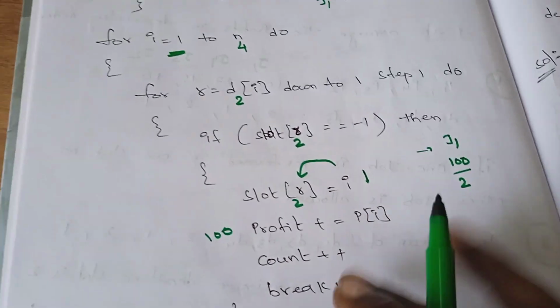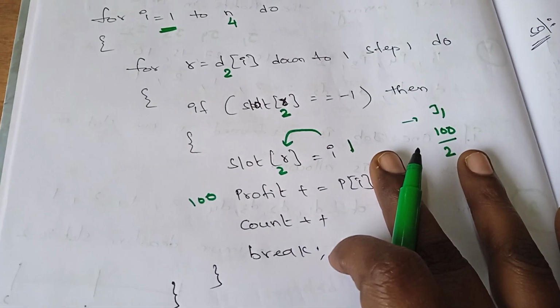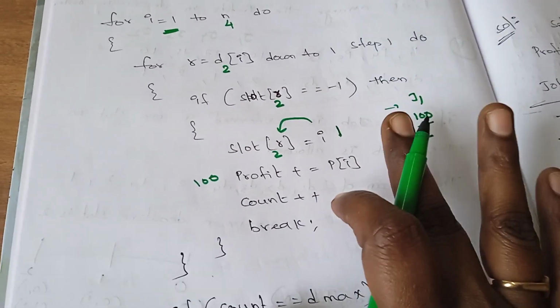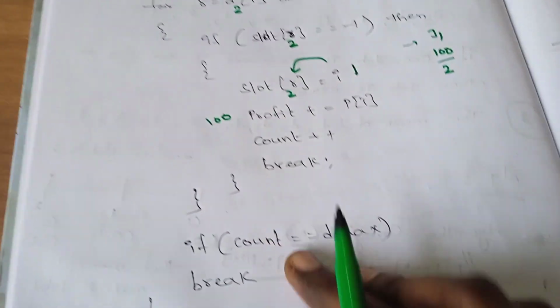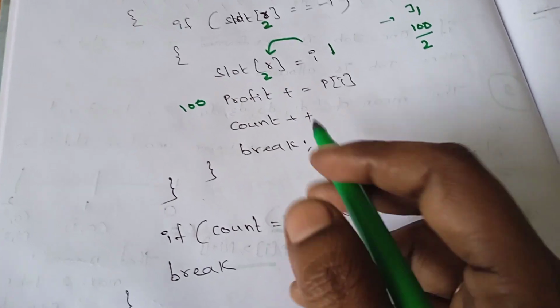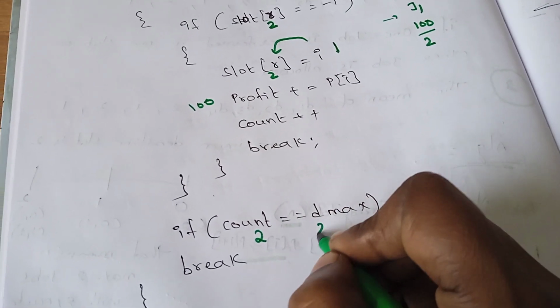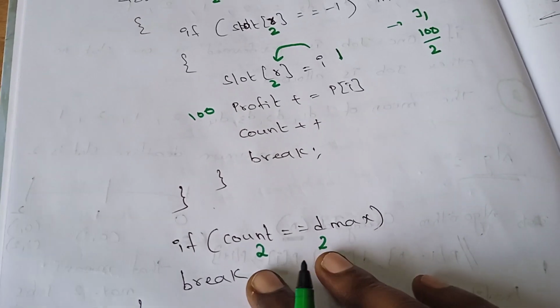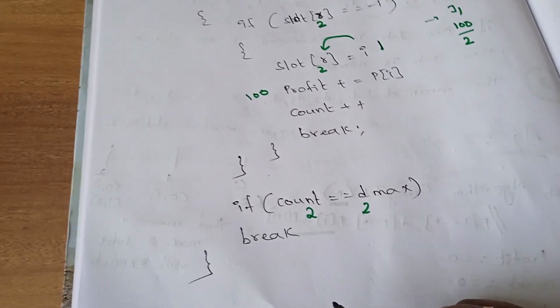Once you allotted this, you need not to repeat this for all the R values. Once slots are done, we will be breaking it and coming down. If count double equal to D max. If I have allotted for 2, count should be equal to D max. When these are true, then we will be coming out of the loop.